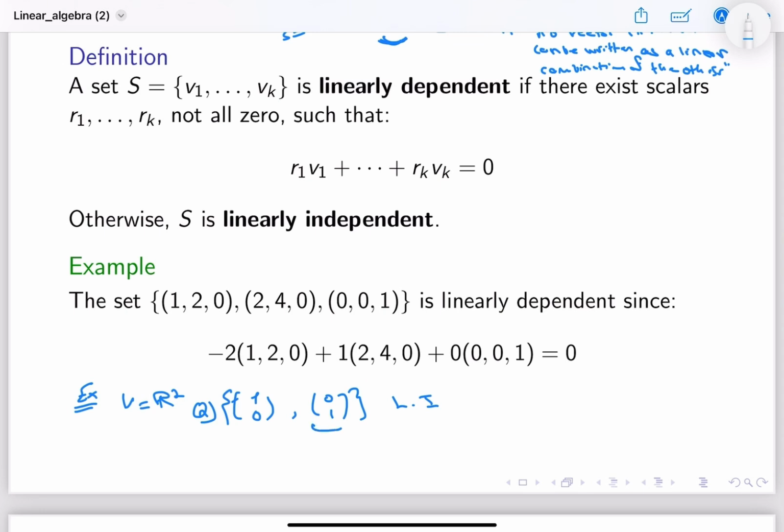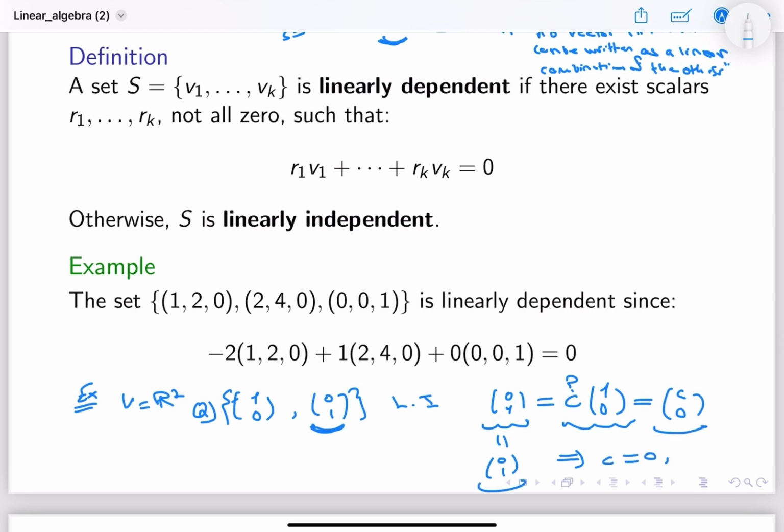What does that mean? If you take this vector, for example, can you find a constant C such that when you multiply it by 1, 0, you get back 0, 1? So in a sense, you're writing this vector as a linear combination of the others. Well, can you do that? Well, the answer is no. So the equality of this and this will force C to be 0 and 1 to be 0, which is absurd, right?